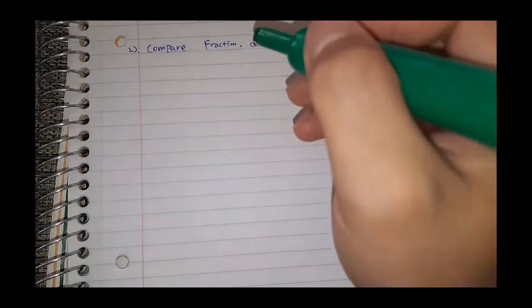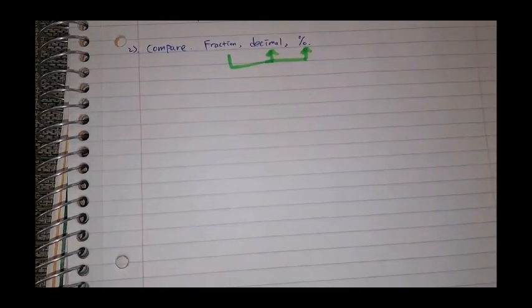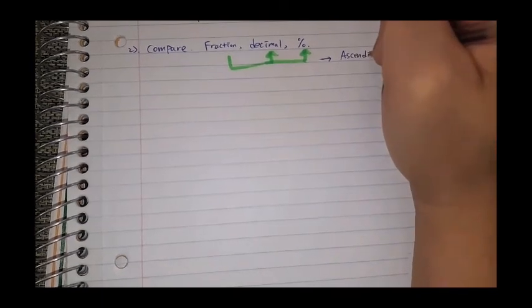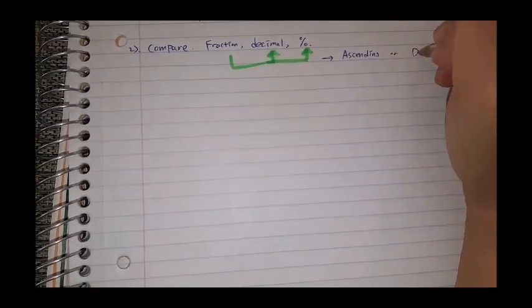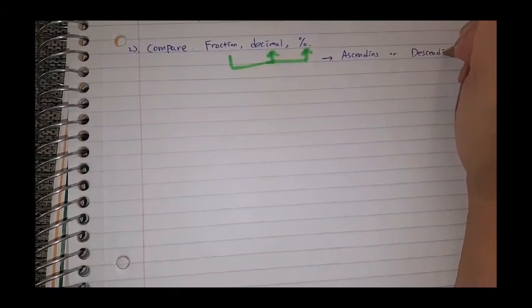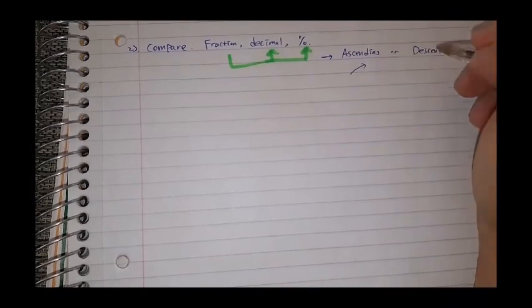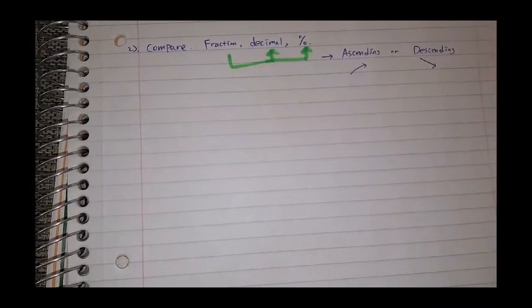The best way that you can compare anything is convert fraction into decimal or percentage, because that provides us a good idea how much is the smallest value and how much is the biggest value. We can make it into ascending order or descending order. That means smallest to largest or largest to smallest.